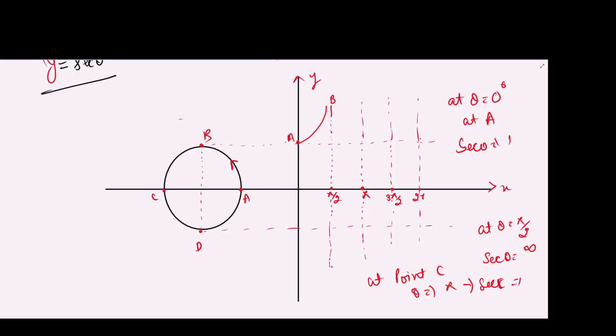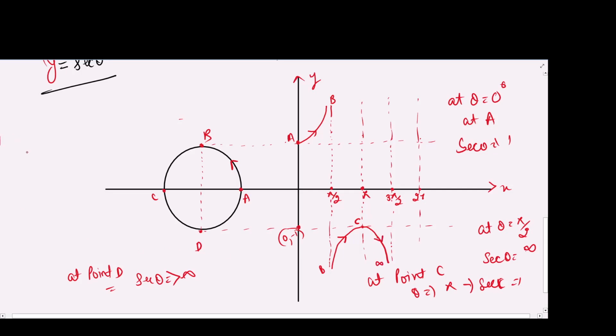So from infinity, this is point B, from B to C it increases to C. This is point 0 comma -1. Then this is point C. At point D, sec theta is equal to infinity. So again from point C to point D, it will increase to infinity.